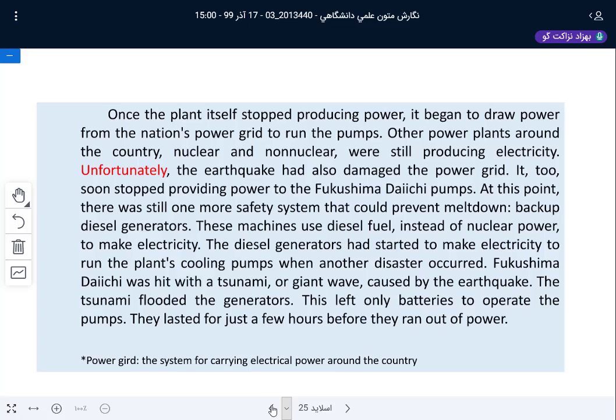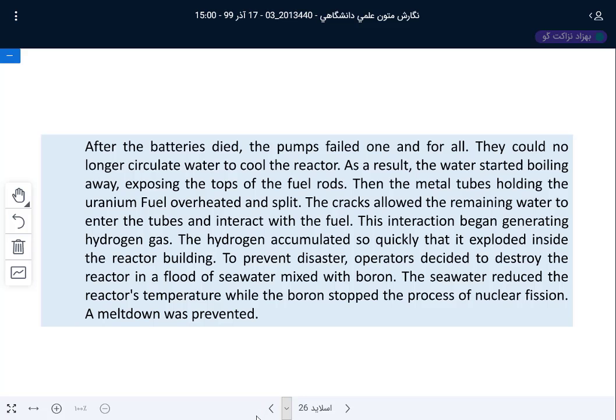You see how it works? After the batteries died, the pumps failed once and for all. They could no longer circulate water to cool the reactor. As a result, the water started boiling away, exposing the top of the fuel rods.